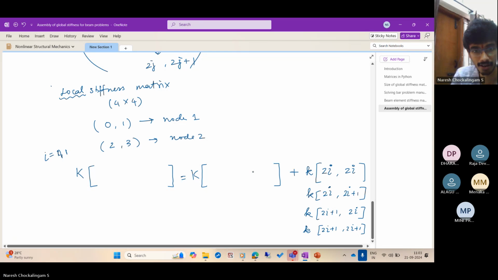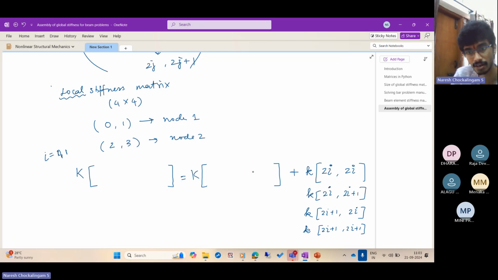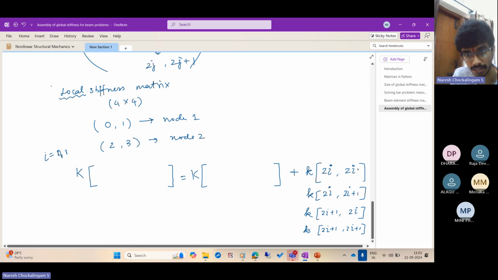So it's very simple. Only thing is, instead of doing it from... no, wait a minute. So you have 2i. So these are the 4. This is one submatrix, right? This is the local stiffness matrix of size 4 cross 4.